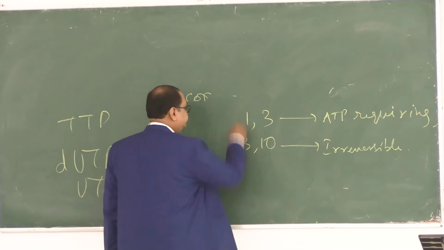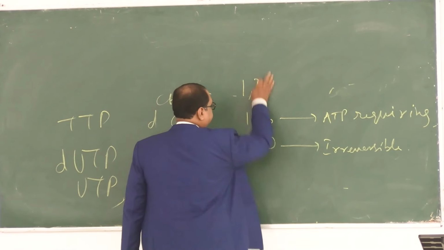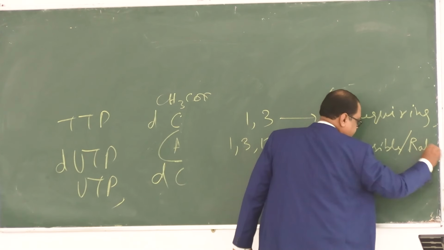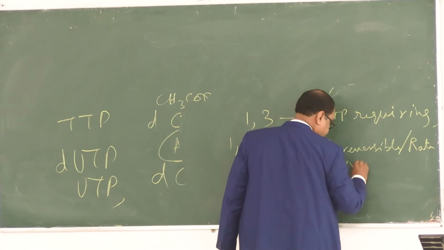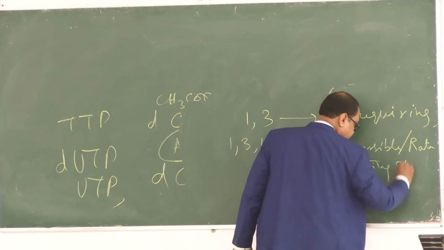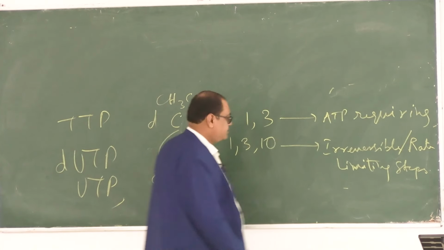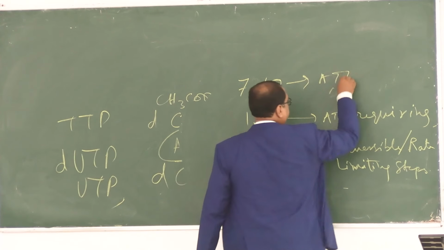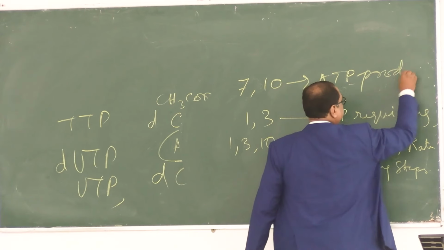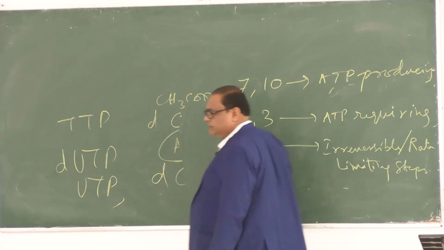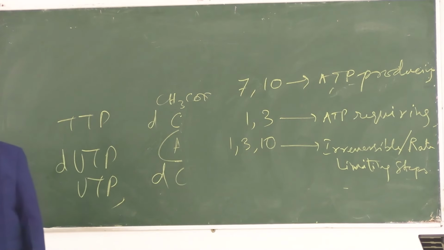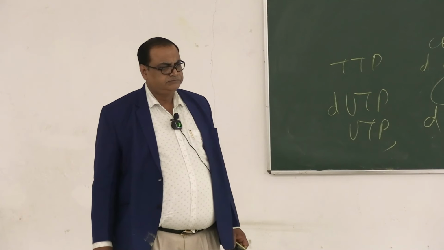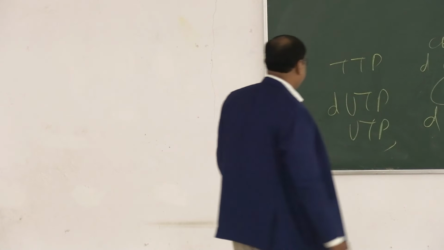Irreversible steps. They are also called rate limiting steps. Seven and 10 are ATP producing steps. Okay? Will you remember? So the rate limiting steps.